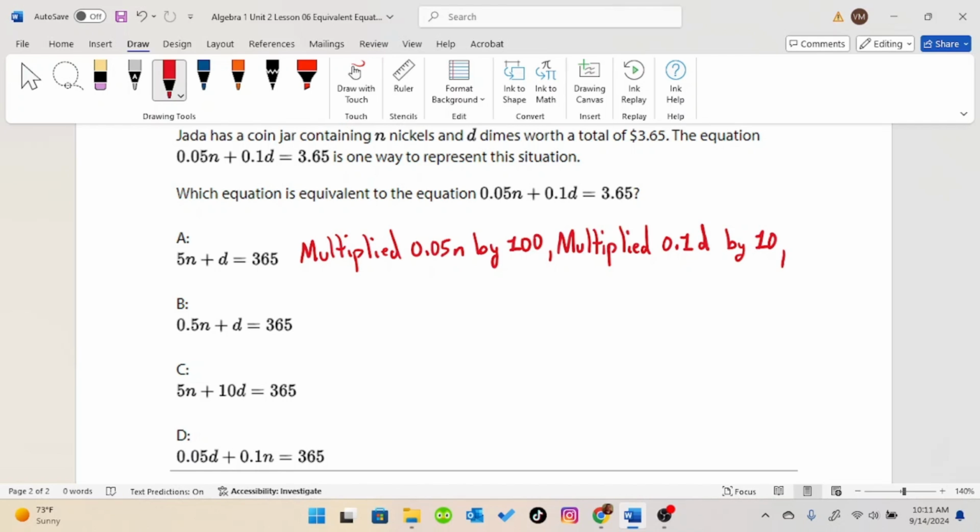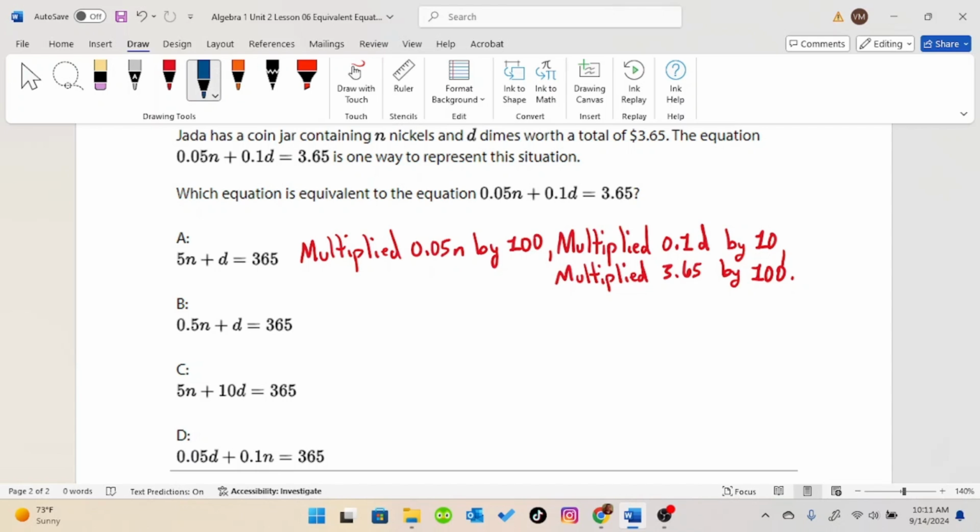And to go from 3.65 to 365, they multiplied by 100. So here we see they multiplied two parts of the equation by 100, but one part of the equation by 10, so this is not an equivalent equation.